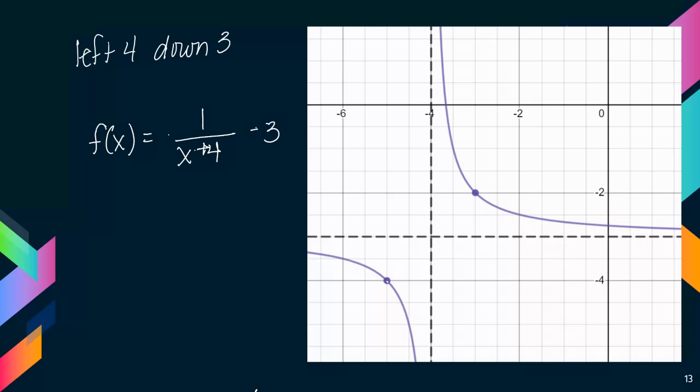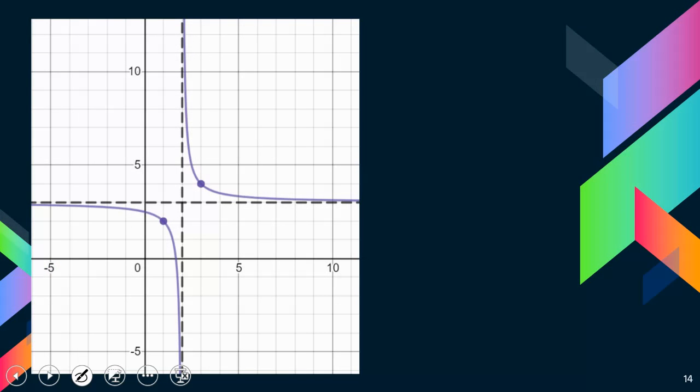The shrink or stretch can be a little hard to tell from the graph, so I'm not going to be super picky about it. If there's a shrink or a stretch, you should be able to clearly see what that is. In this case, there isn't one. These points are still in the same spot that they always are, so I think it's fine. Now looking at this next one, let's write the function.